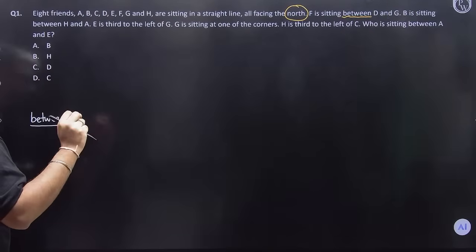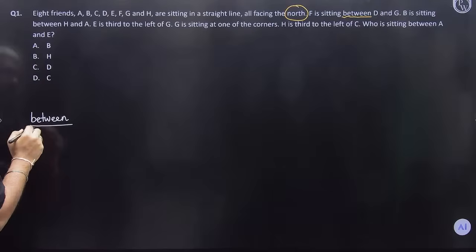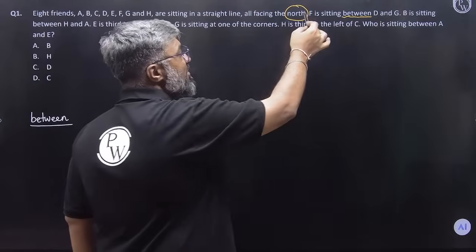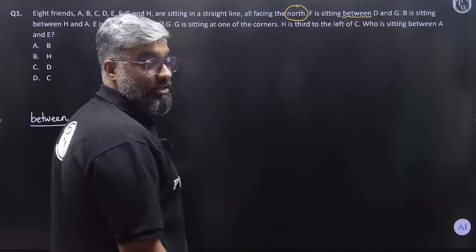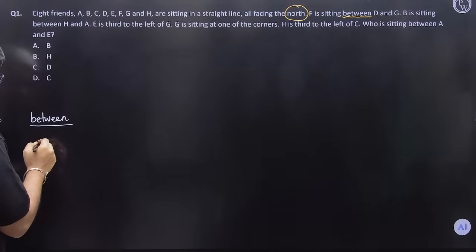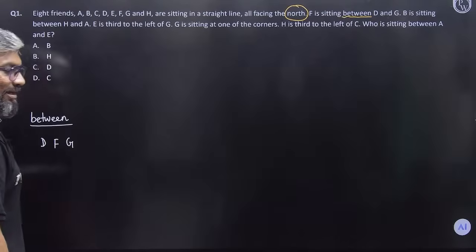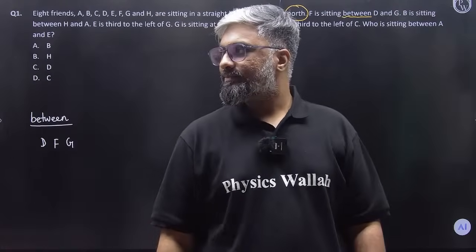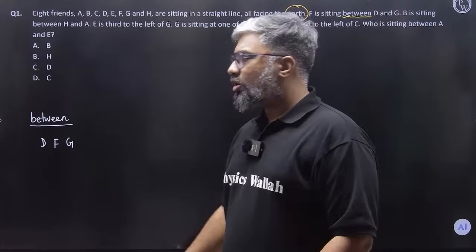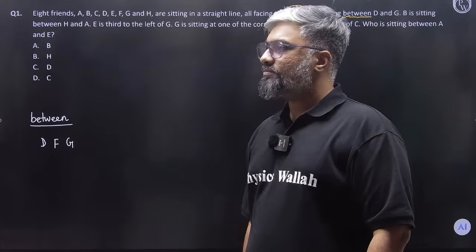When they use the term between, so what are they saying? F is sitting between D and G. Does it always have to mean that F is here, D is here and G is here? Is this always the case? This should be the order D, F and G.